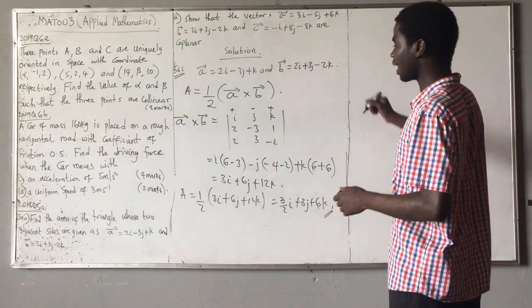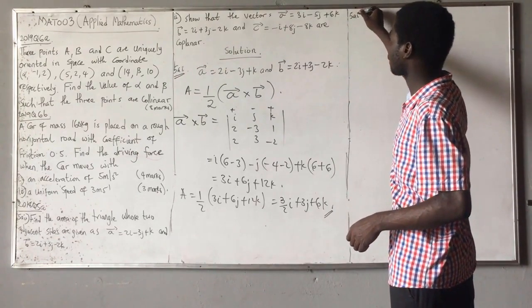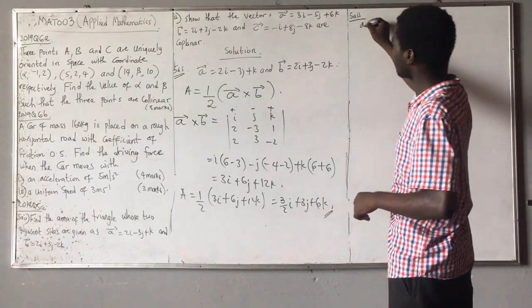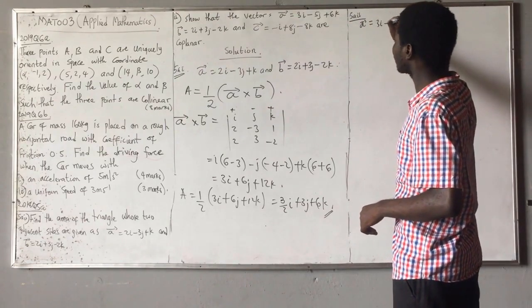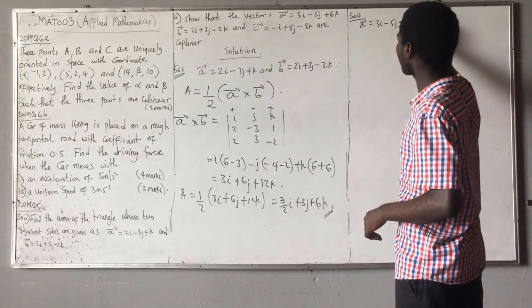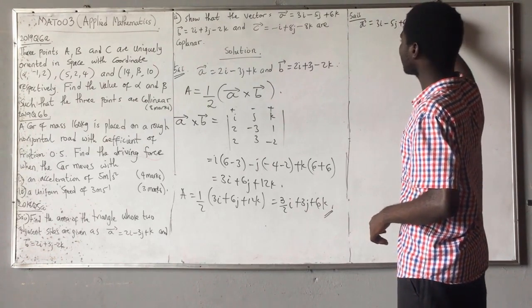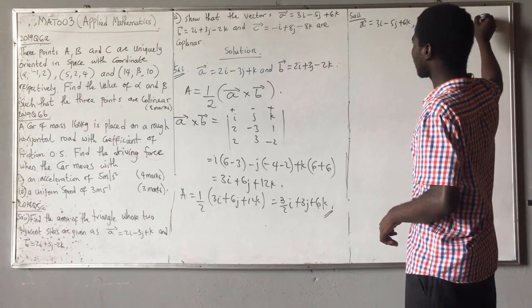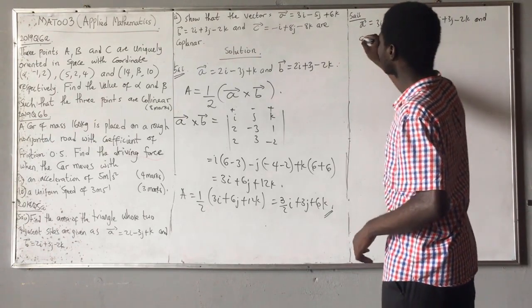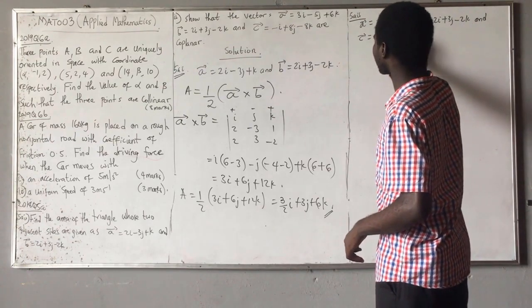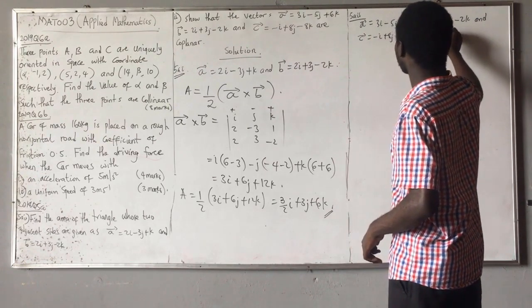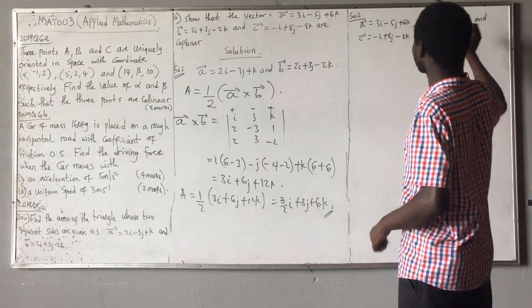The next one, 5AII. Show that the vector A, which is equal to 3I minus 5J plus 6K, vector B, which is equal to 2I plus 3J minus 2K, and vector C, which is equal to minus I plus 8J minus 8K, are coplanar. We want to show that this is coplanar.